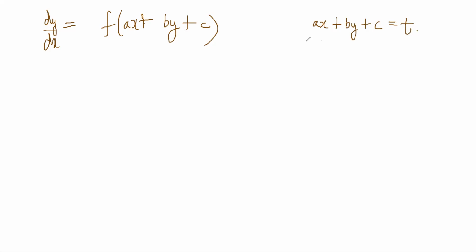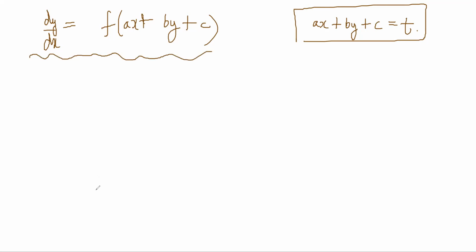Now this is not the straightforward homogeneous form, but sometimes it can be converted into homogeneous form, or sometimes into a variable separable form, by doing the standard substitution. This is the substitution. So we'll see some examples. This is another standard type of problem.